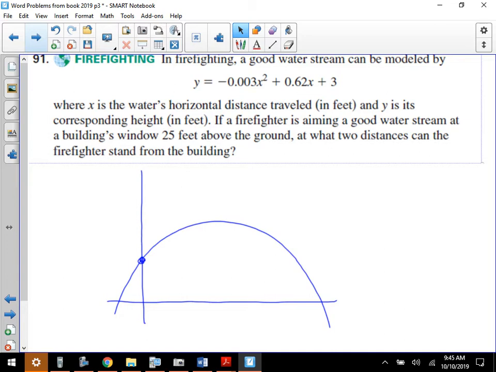That's what they're looking at here, where the X value is horizontal distance and your Y value is your height. So if something is 25 feet up in the air, there are two separate values of how far away you can be. That's what that means.